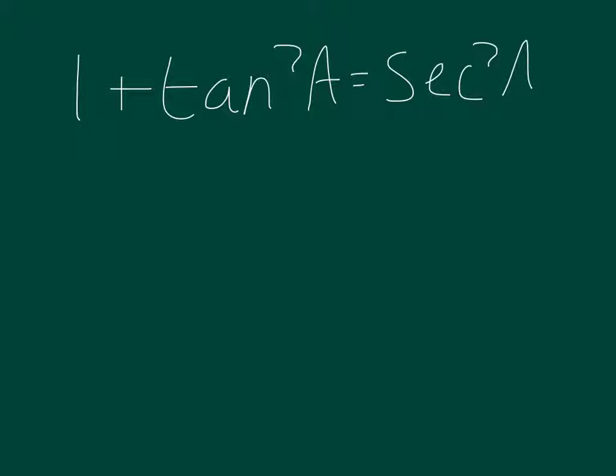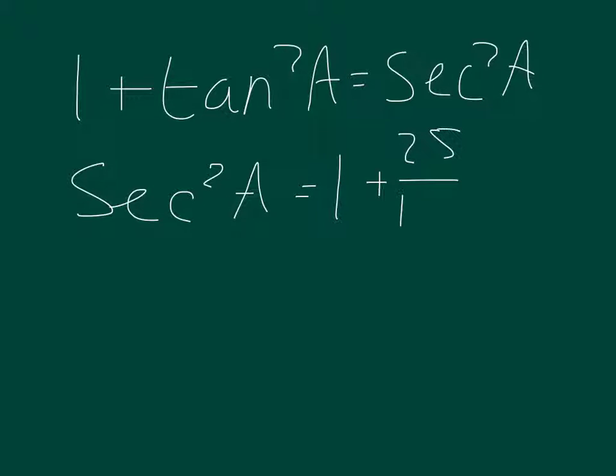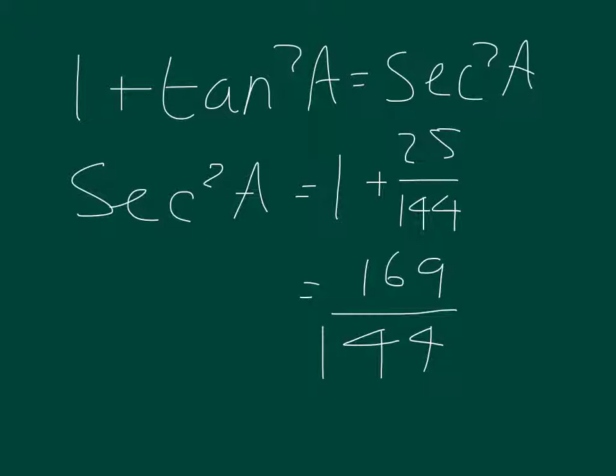We'll use 1 plus tan squared A equals sec squared A. So that means sec squared A is 1 plus 25 over 144, which is 169 over 144, sorry. Remember, this doesn't take into account the fact that A is obtuse.